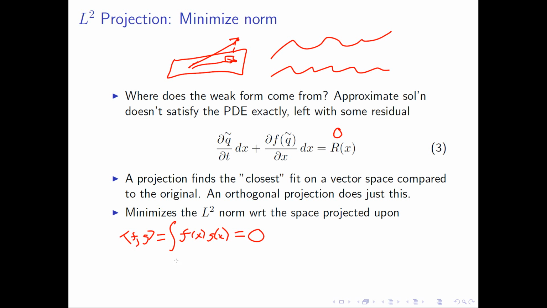So if we imagine that instead of two arbitrary functions f and g, we instead say our residual and our function space, which we called v sub h before, and we had basis functions for our weighting functions in that space, then for each of our weighting bases j, we should require them to be equal to 0.